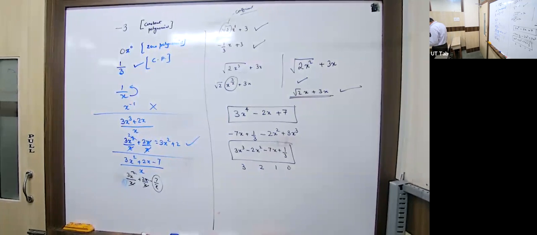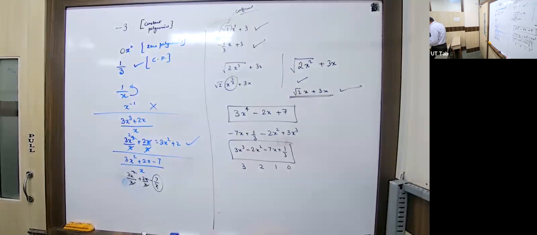It is cutting the x-axis 2 times. So this is the graph of a quadratic polynomial. That means this polynomial will have 2 zeros. The number of times it cuts, or even if it touches the x-axis, it will have so many zeros.